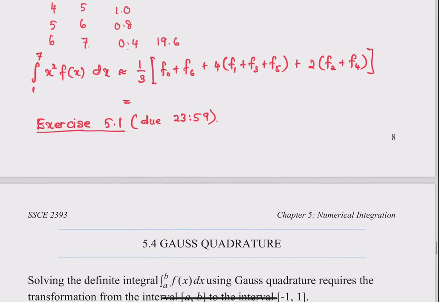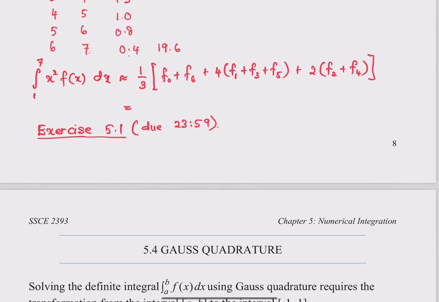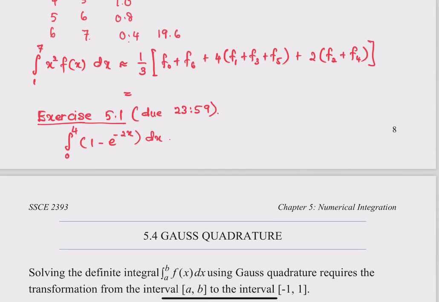Due at 23:59. This is given to you: the integral from 0 to 4 of 1 minus exponent of minus 2x dx, and then you need to find the value of this integral by using both methods that you know.